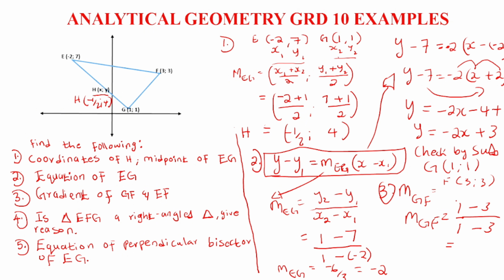Therefore the gradient here will be minus 2 over minus 2, which is 1. Okay, so the gradient of FG is equal to 1. All right, let's jump on into the next page here since we're running out of space.